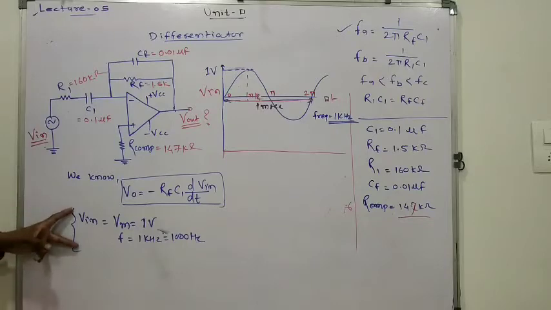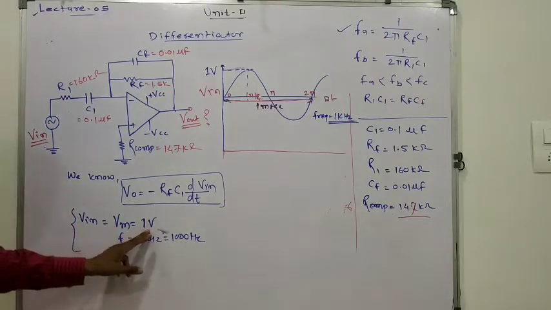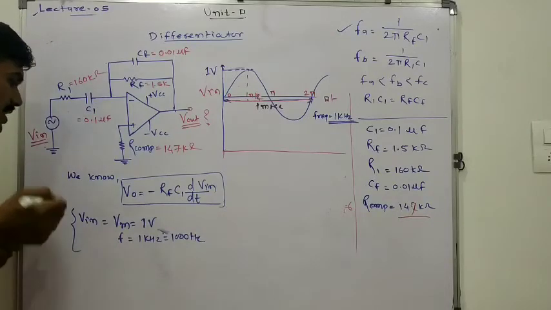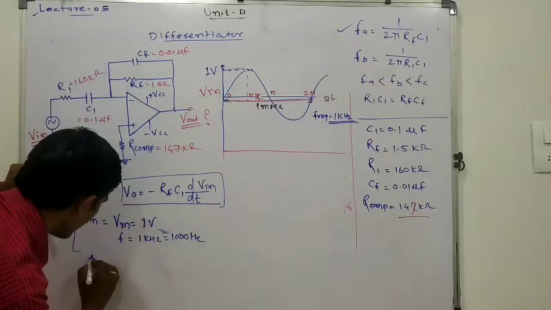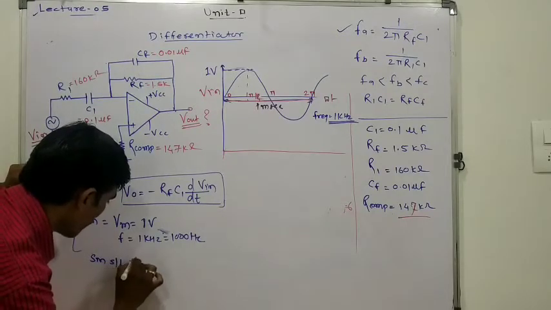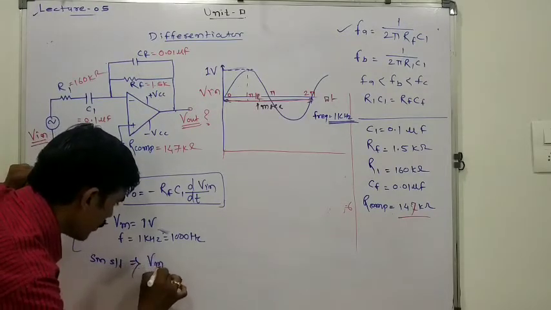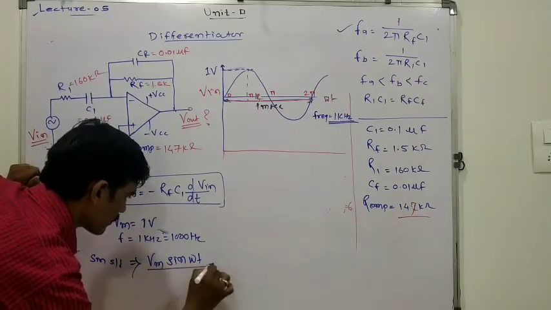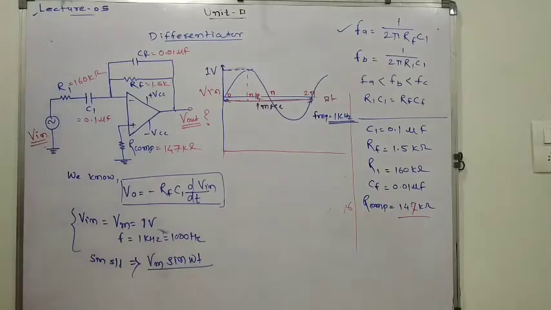So this is a sinusoidal signal with Vm equal to 1 volt and f equal to 1000 hertz. We know that a sine signal is represented as Vm sin omega t. So this is the standard sinusoidal signal.